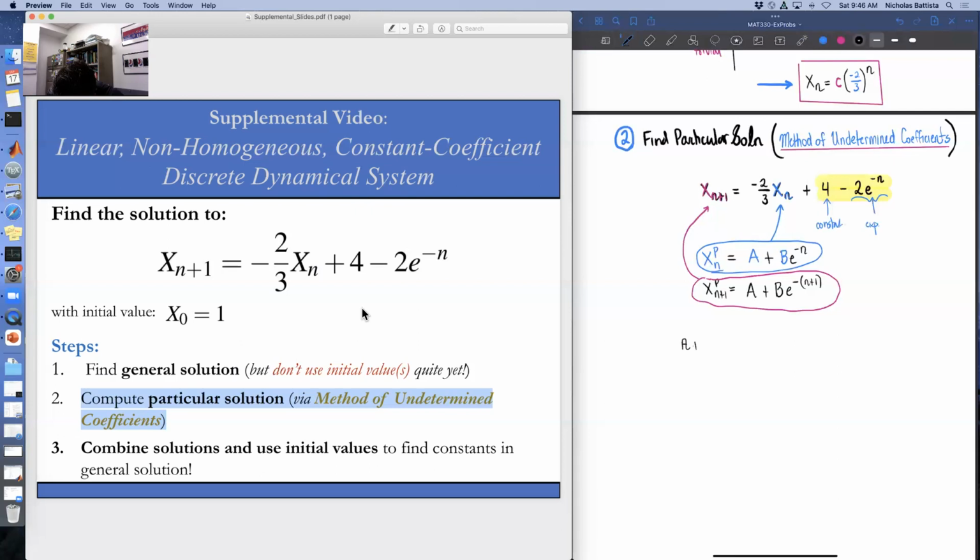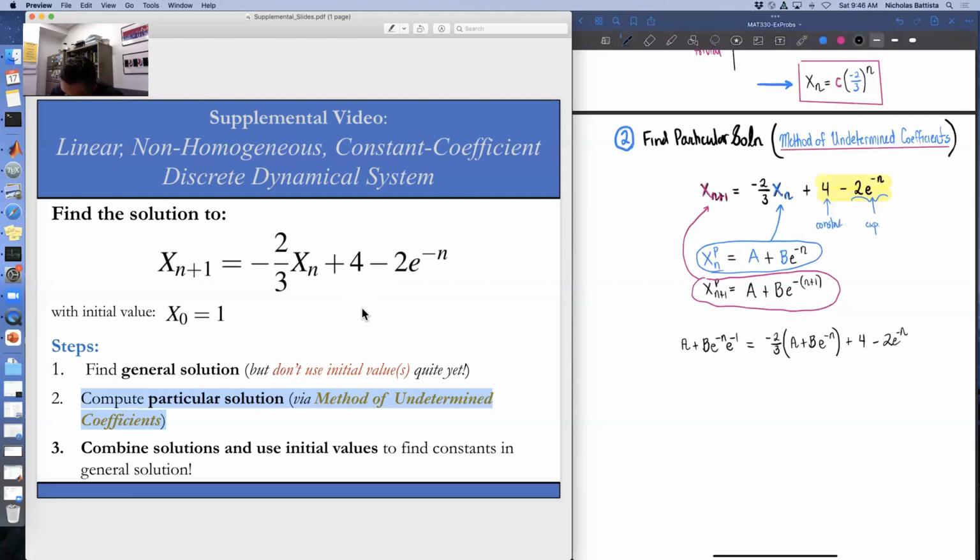On the left, we have a plus b e to the minus n, and then e to the minus 1 when we distribute the minus 1 into that power. On the right-hand side, what we have is minus 2 over 3 times a plus b e to the minus n, and then plus the original non-homogeneous terms, 4 minus 2e to the minus n.